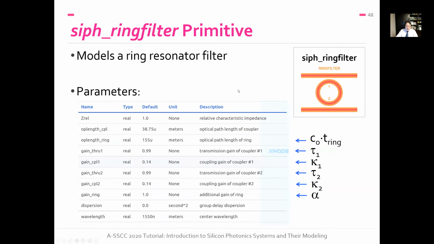All right, so in XMODEL, there is a ring filter primitive that models this ring filter with the same set of parameters. There are more parameters because there are two directional couplers. One is coupling between the first straight waveguide and the ring, and the other is coupling between the ring and the second straight waveguide. So there's tau 1, kappa 1, tau 2, kappa 2.